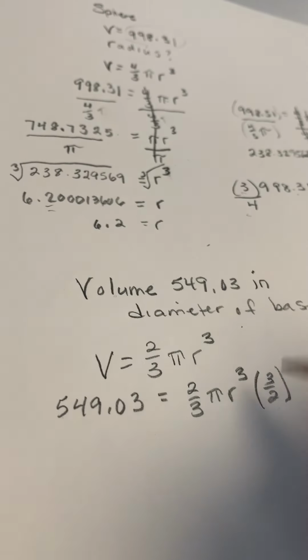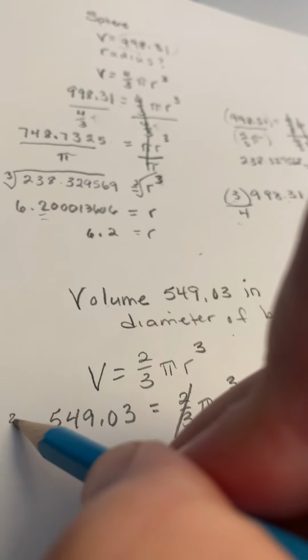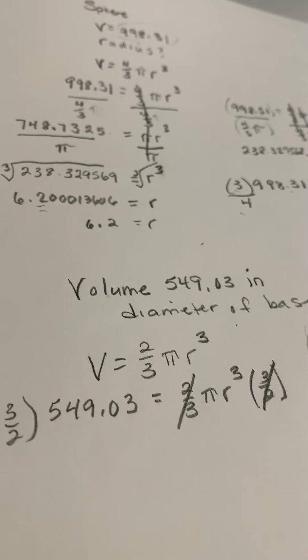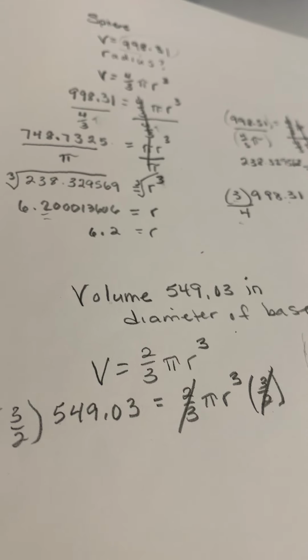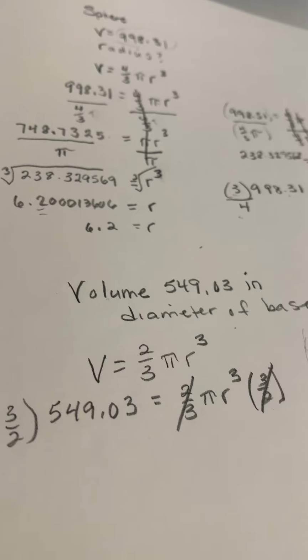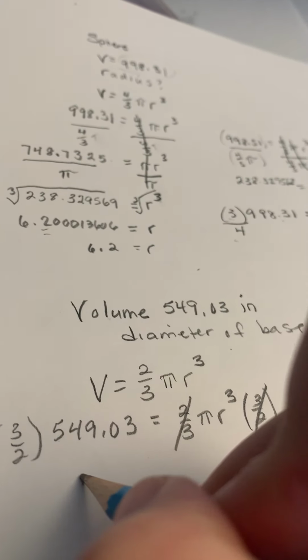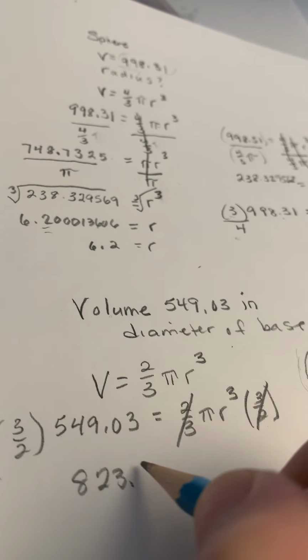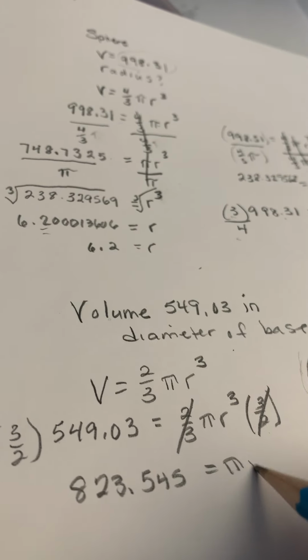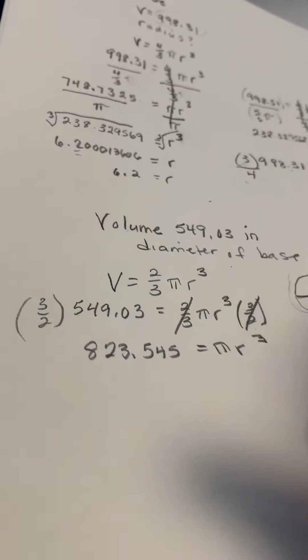I'm going to use the reciprocal. I'm going to multiply this by 3/2 too. And a lot of you have command of that as well. You know how to multiply numbers by fractions with your calculators. And that is now 823.545 equal to pi r cubed.